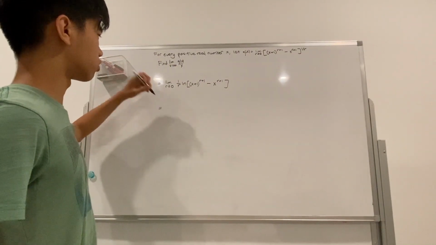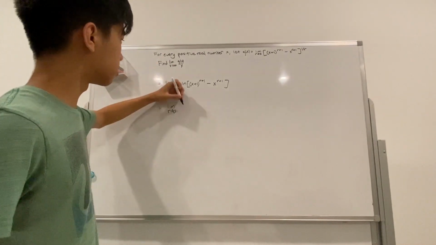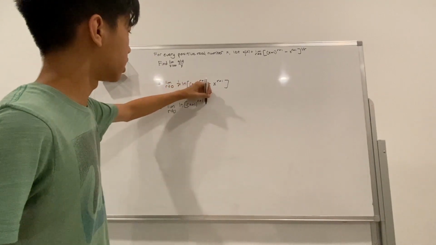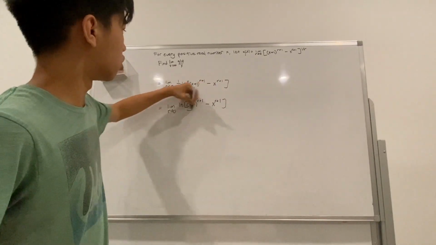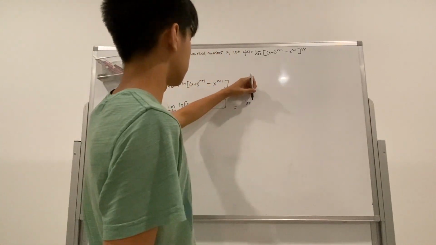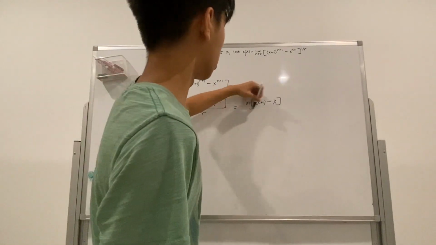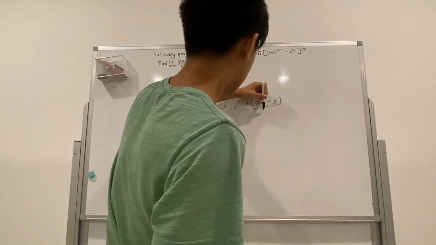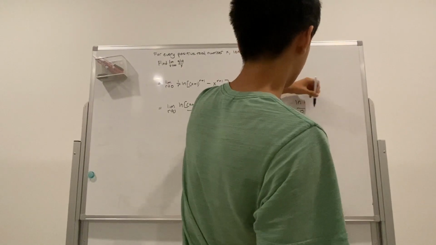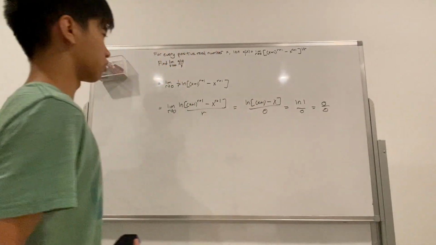Well, the only way to progress from here is to use L'Hopital's rule, because if you use substitution, you get ln of x plus 1 minus x over 0, which is 0 over 0, an indeterminate form that is valid for L'Hopital's rule.